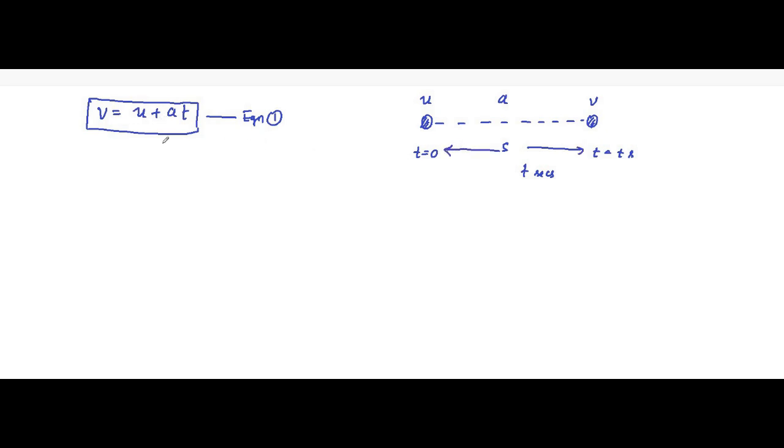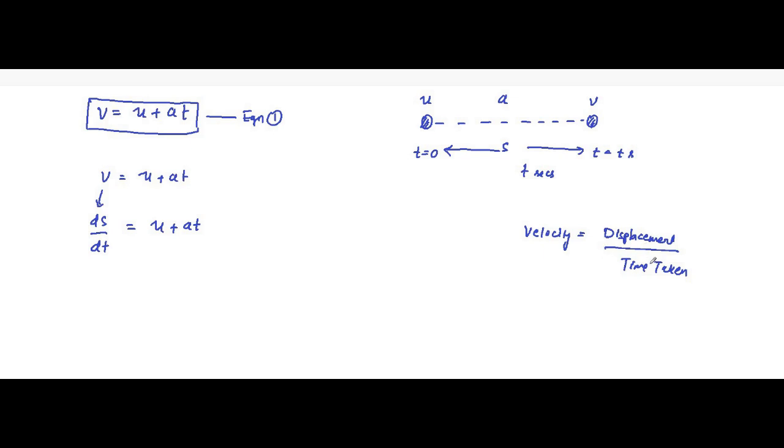So here we can write v is equal to u plus at as ds by dt. The final velocity we are replacing with ds by dt is equal to u plus at, because we know velocity is equal to displacement by time taken. We have already discussed it in the basic concepts related to motion in a straight line.